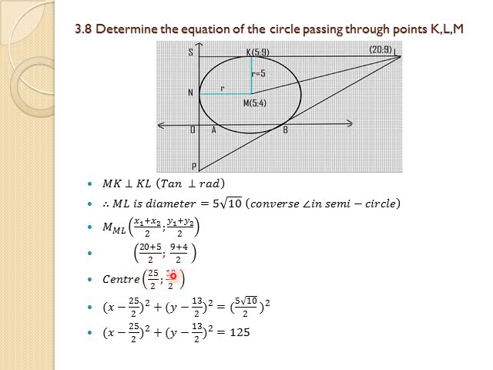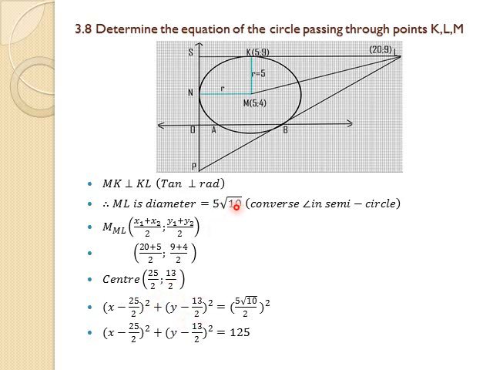The center is not at (0; 0), so my equation would read (x - a)² + (y - b)² = r². Positive becomes negative 25/2, positive 13/2 becomes negative 13/2, squared.